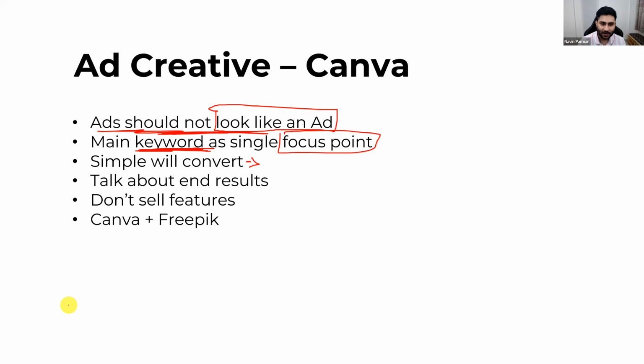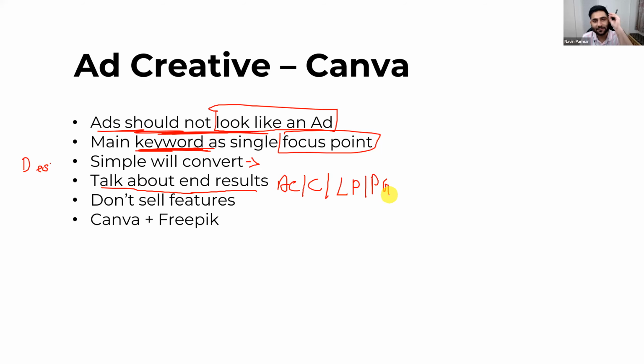When you create a simple creative in terms of design, always make sure you talk about end results. Whether it's your ad copy, your creative, your landing page or product page, talk about the end result. I teach this every single time: people don't want to buy your product or service.